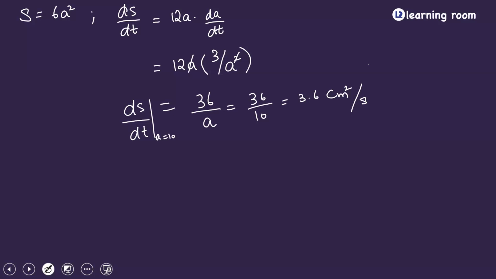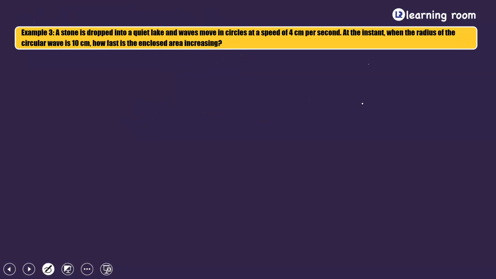So the next question. Listen to this. The third question is, a stone is dropped into a quiet lake and waves move in circles at a speed of 4 centimeters per second.